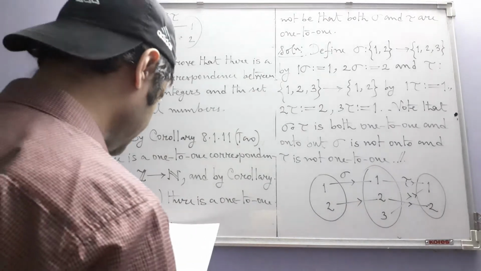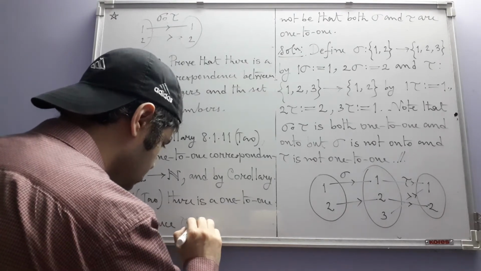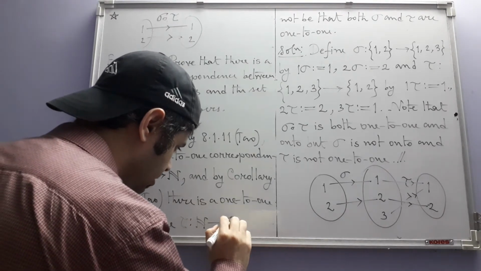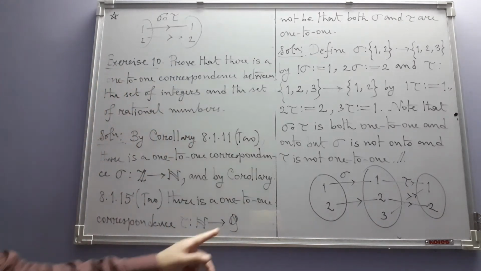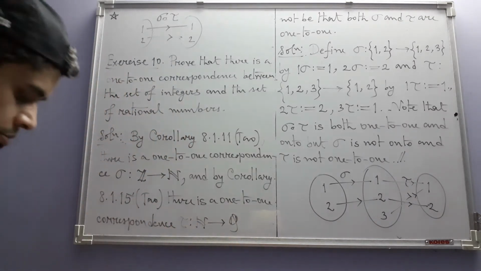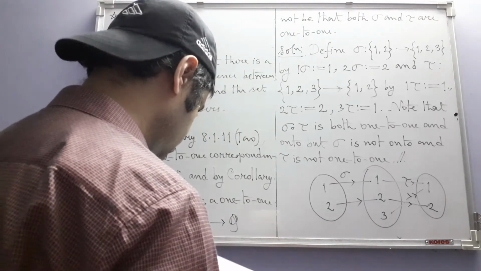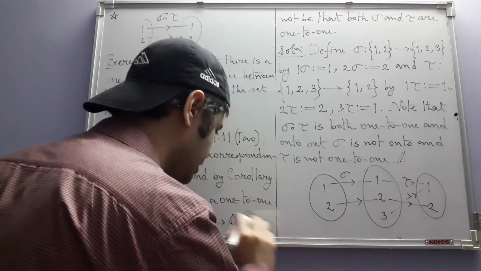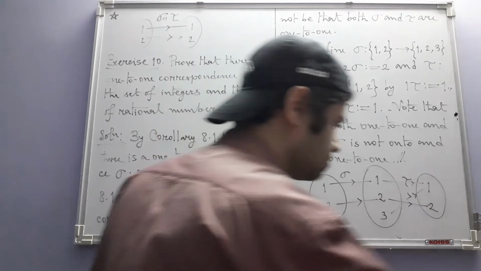Between the set of natural numbers and the set of rational numbers, which you already know we are denoting by this blackboard bold Q. Although we are still going to mention what they mean here.